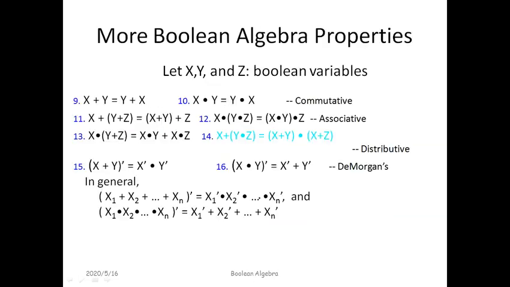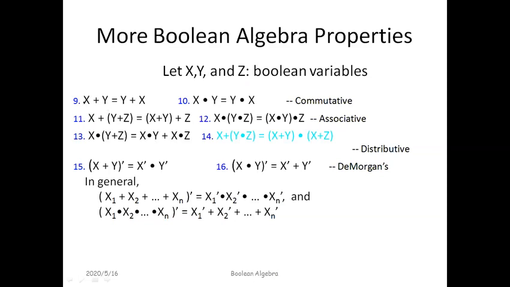So let's continue and look at more Boolean algebraic properties. Still here, we shall consider x, y, and z to be the Boolean variables. Here we're talking of 3 variables. On the previous slide, we ended at number 8, so we continue with 9 here. Boolean variables obey the commutative law.